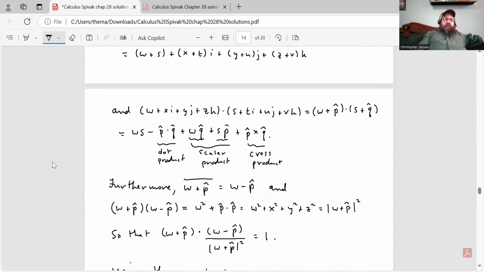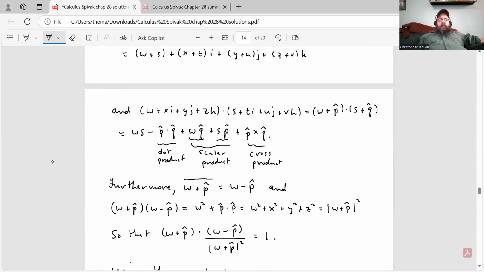An interesting thing about the quaternions is that all the major vector space operations actually show up in the product for quaternions. So for example, if you want to multiply W plus P hat times S plus Q hat, it's equal to WS minus P hat dot product with Q hat, plus the scalar product of W with Q hat, plus the scalar product of S with P hat, plus the cross product of P hat and Q hat.